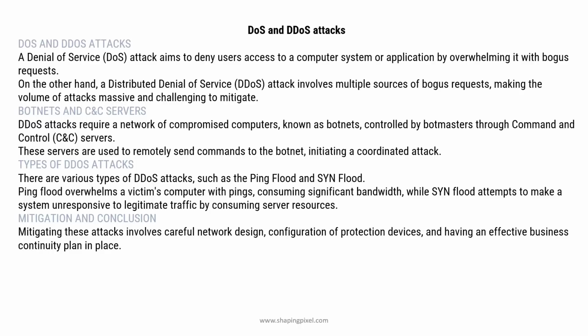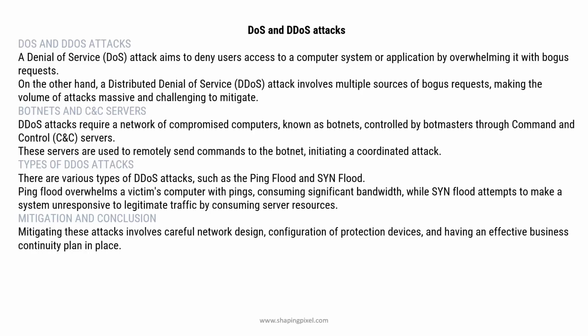DDoS attacks require a network of compromised computers known as botnets, controlled by botmasters through command and control servers. These servers are used to remotely send commands to the botnet, initiating a coordinated attack. There are various types of DDoS attacks, such as the ping flood and SYN flood.